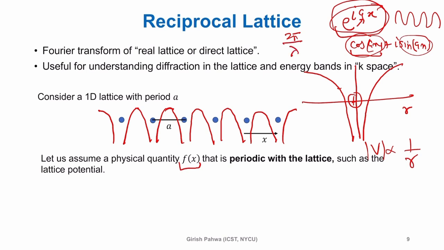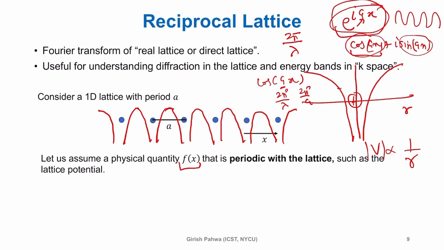If you simply take cos of gx, this g is 2 pi by lambda. Lambda is the wavelength of the wave. Or in this case, it will be 2 pi by a because it's repeating after every a. But this g can be different for every wave.